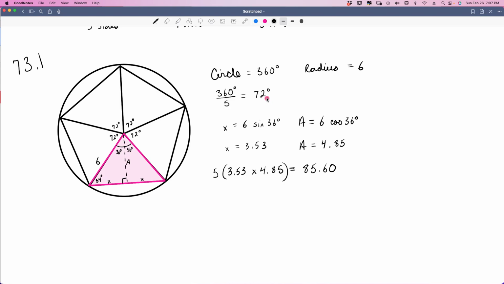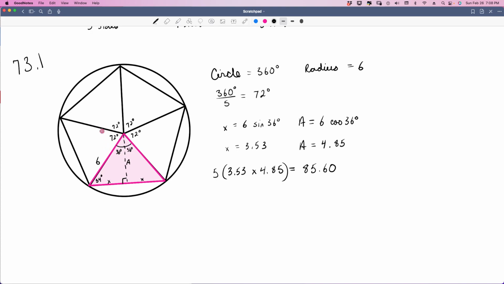This is 73.1. And here's the clue. If we can put it inside of a circle, then the center of your regular polygon is at the center of the circle, right? We know a circle is 360 degrees.